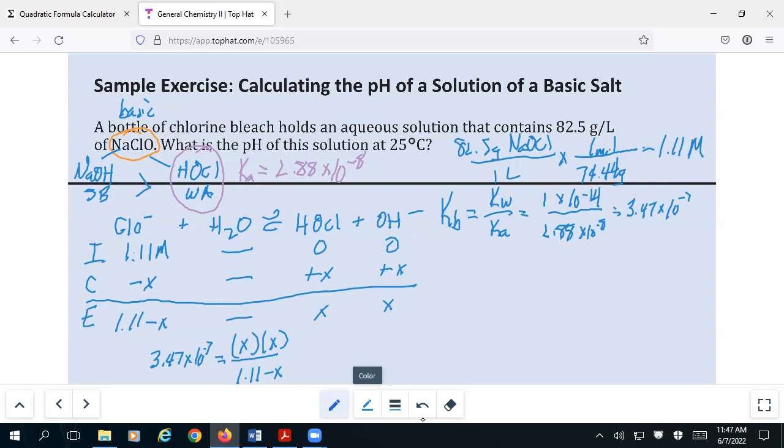We can go ahead and ignore that negative x term. So that would give us 3.85 times 10 to the negative 7th is equal to x squared.